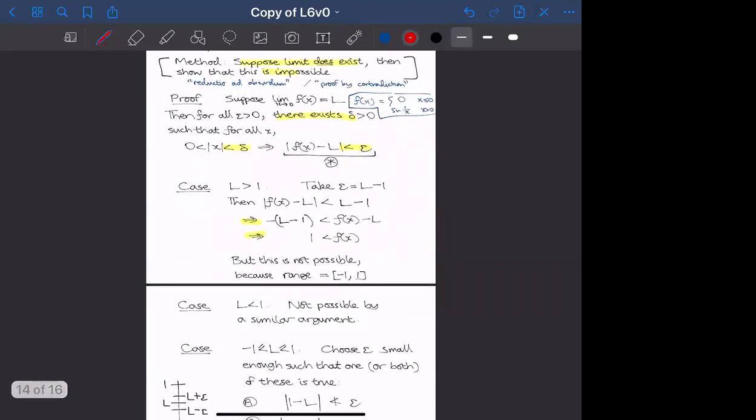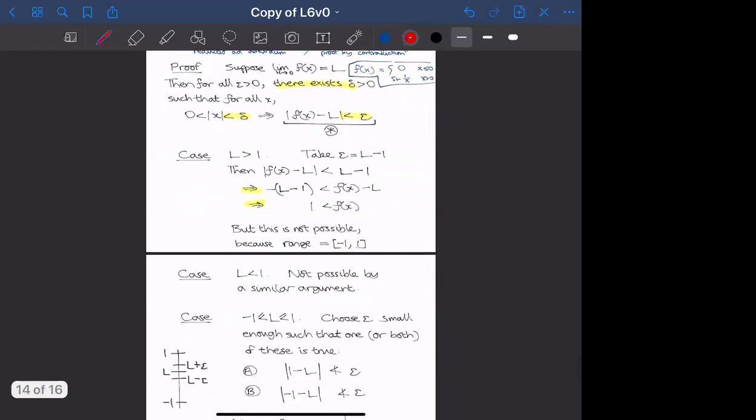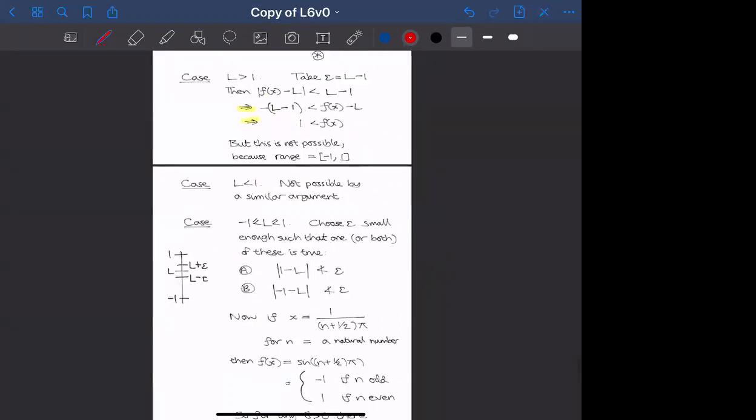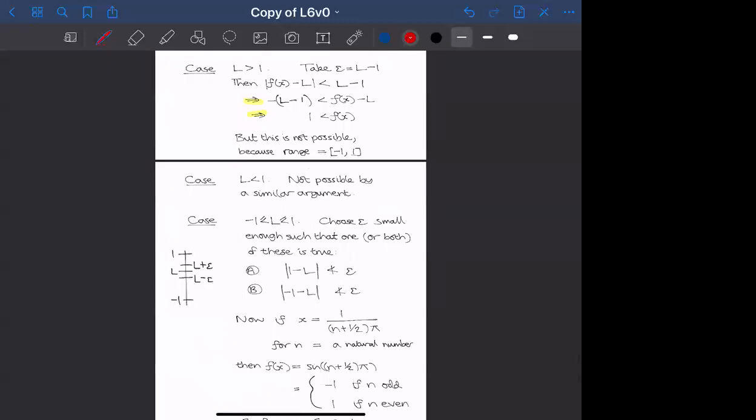So let's suppose that L is between minus 1 and 1. So that could include minus 1 or 1. So now I want to prove that the limit can't be this. So the trick, or at least the method I'm going to use, is the following.